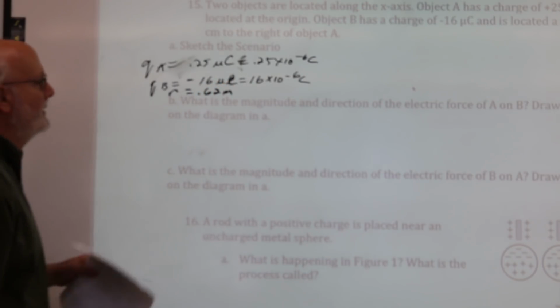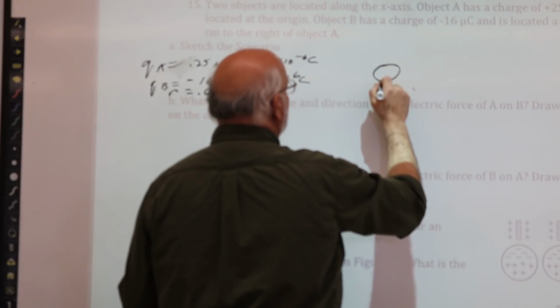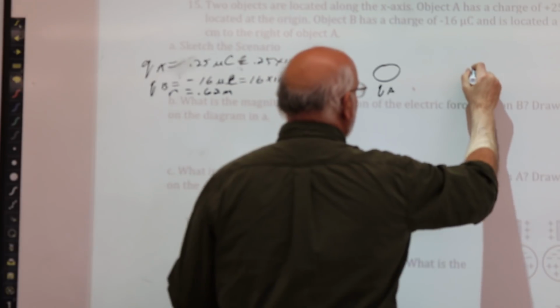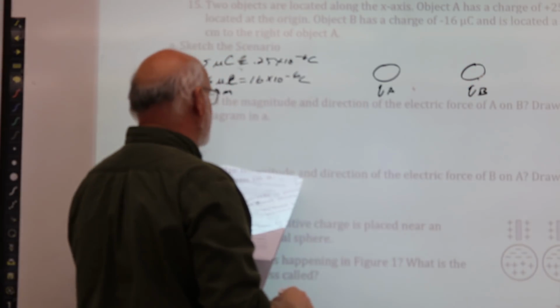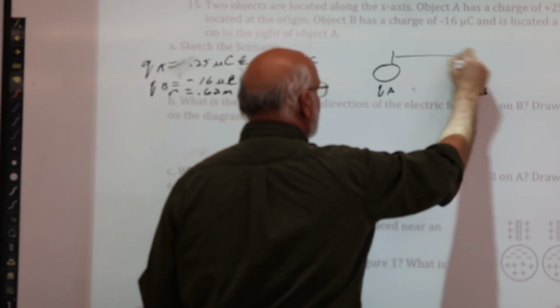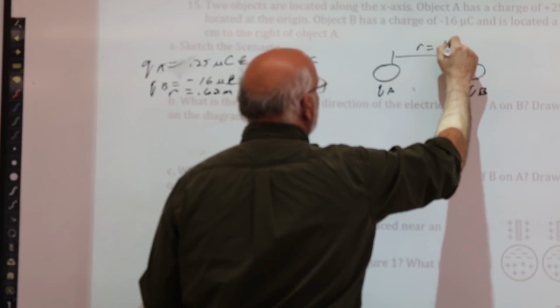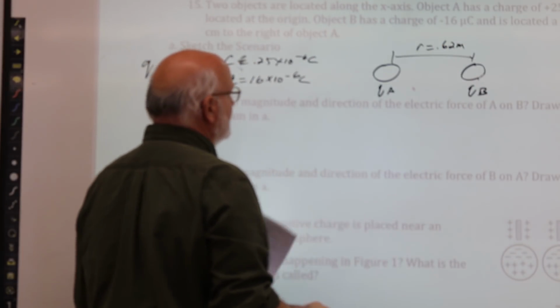Okay, we are going to sketch the scenario. So here is A, QA, okay? And here's QB. We realize that the distance that's between them, okay, is 0.62 meters. And we know the charges of each, okay?